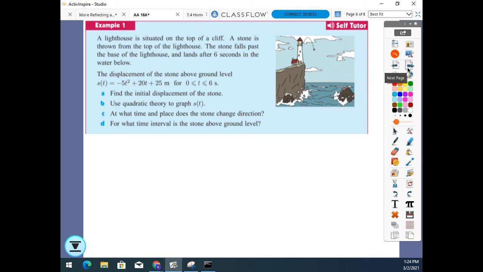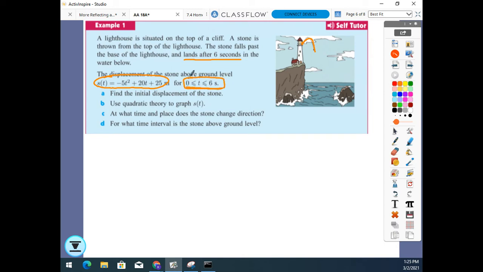All right, so there's just one example. It says a lighthouse is situated on the top of a cliff. Somebody threw a stone out the window and it comes back down. The stone falls past the base of the lighthouse and lands after 6 seconds in the water below. So they give us our displacement formula function, and they give us an interval.